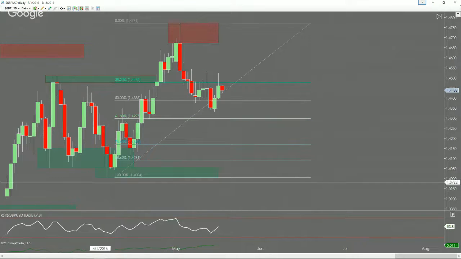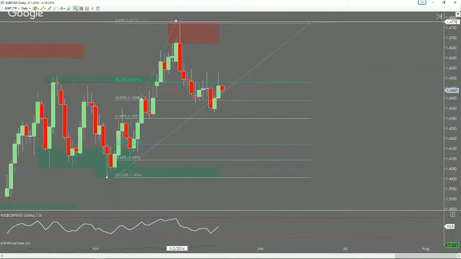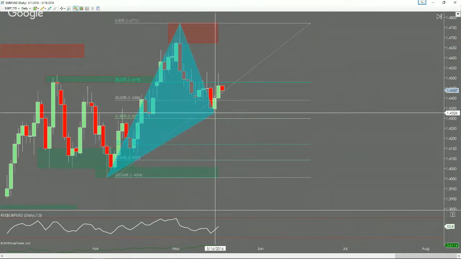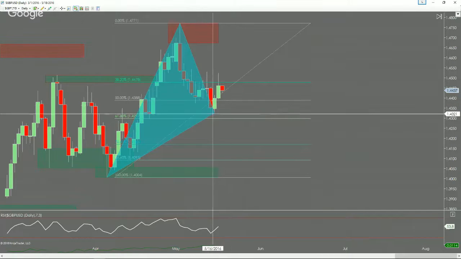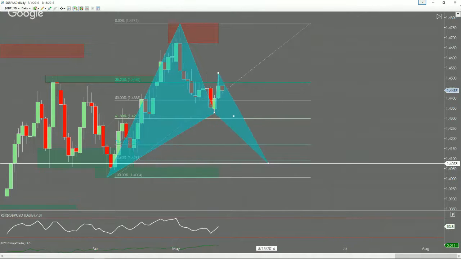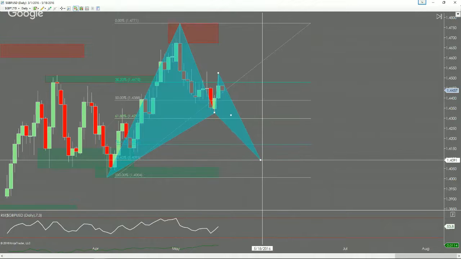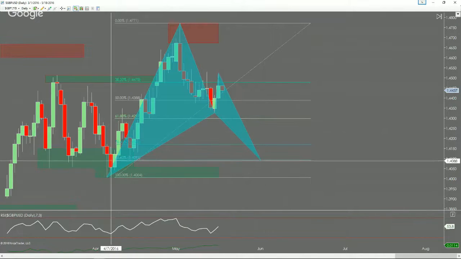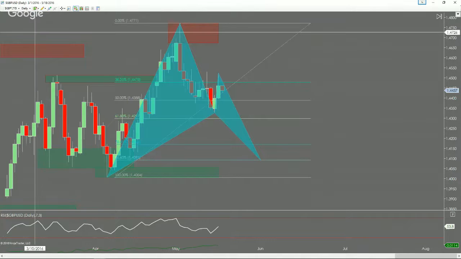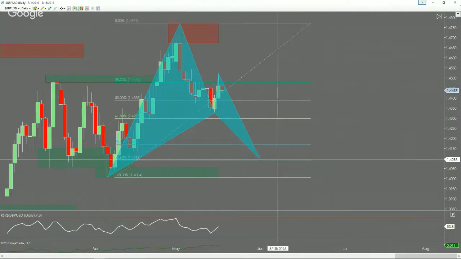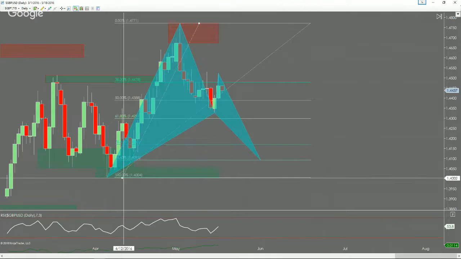Yes, if price comes back down to our 886 retracement, which is my rule for my bat pattern, right here, we could be looking at a bat pattern trading opportunity right there. Now, this is a daily pattern, really big risk right here.